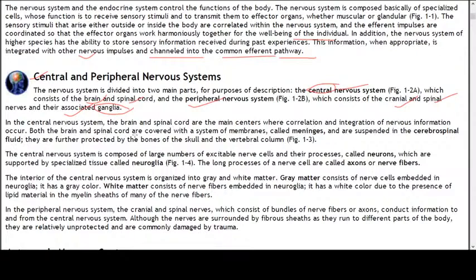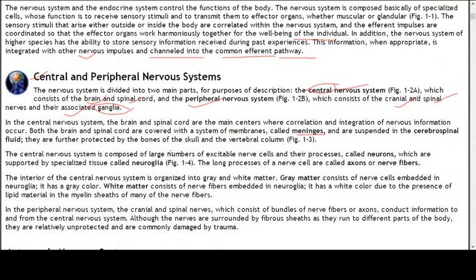Both the brain and spinal cord are covered with a system of membranes called meninges. We have a very important organ called the brain, so we must have something to cover it up. The covering structure is called the meninges, and the brain and spinal cord are also suspended within a protective fluid called cerebrospinal fluid.